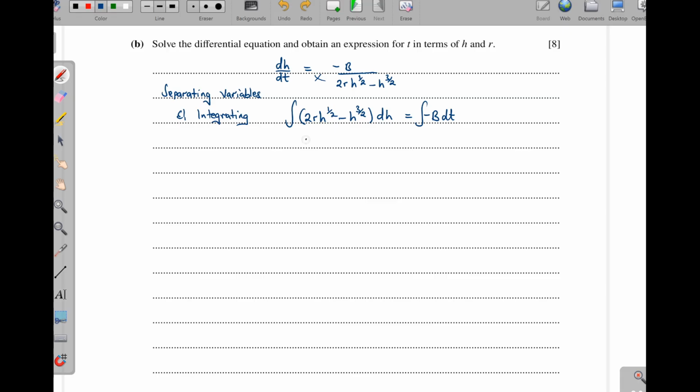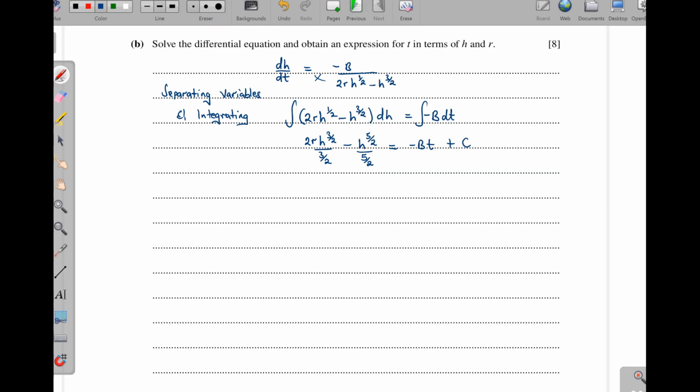So you will get 2r, then h^(3/2) out of 3/2, minus h^(5/2) out of 5/2, equal to negative bt, then I can put a constant c.